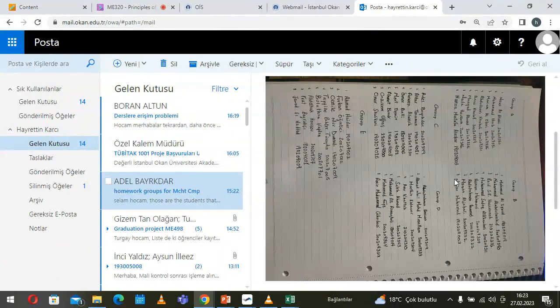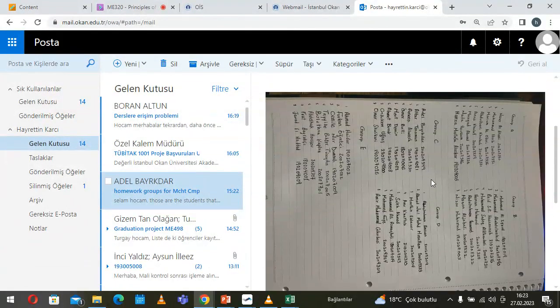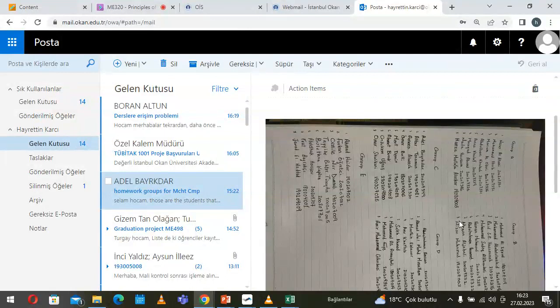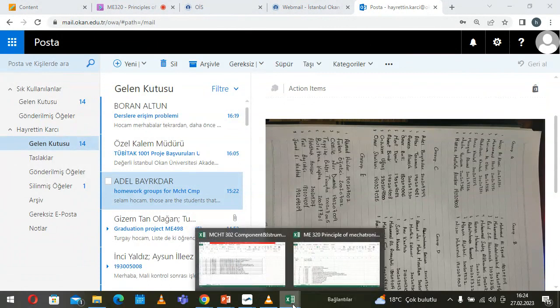So I cannot work with this list because I cannot copy that. I cannot see. Or we can do the following. You have the list. We can go through the list and we can shape it. So like this.